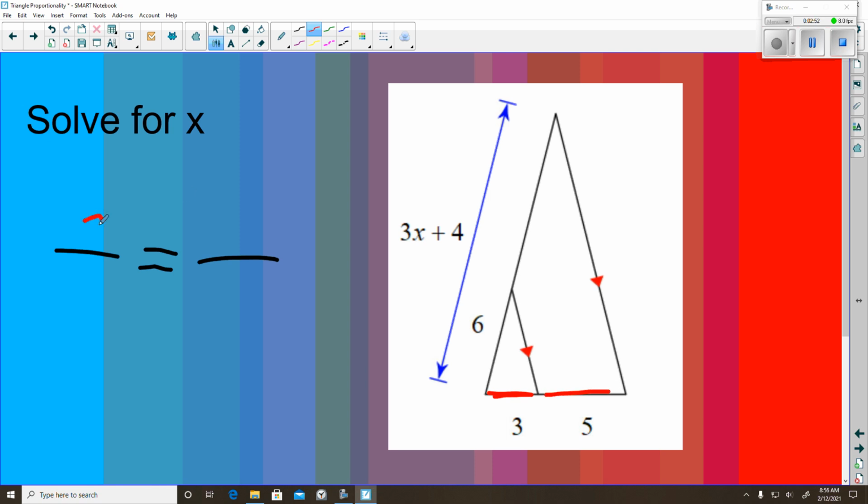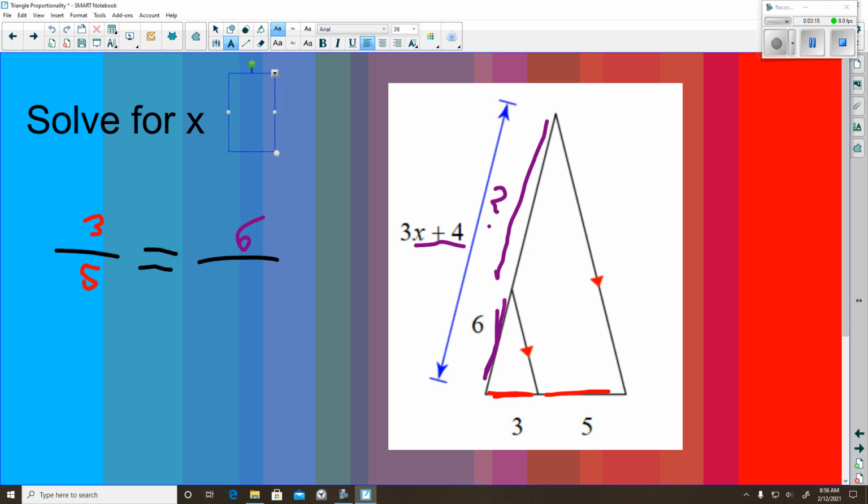So let's do that: small over big. We also know the small part of the other portion, which is 6. So 6 is going to go over something, and that something is this piece. That piece is not 3x plus 4. 3x plus 4 is the whole thing. So in order to find this piece, this question mark, we have to subtract the 6 from the whole thing.